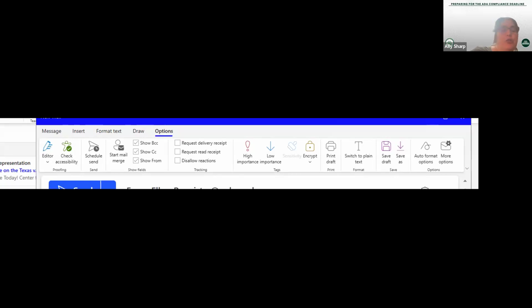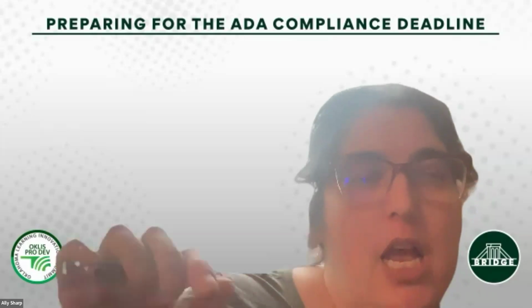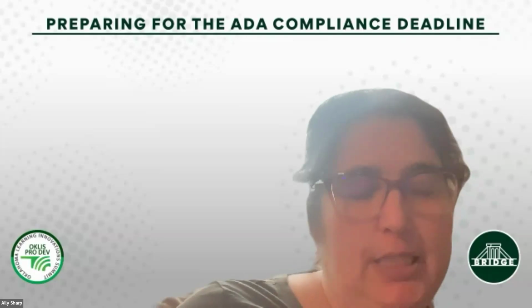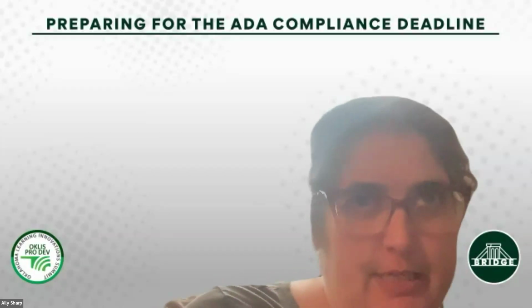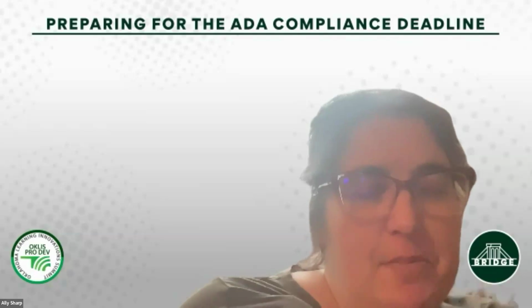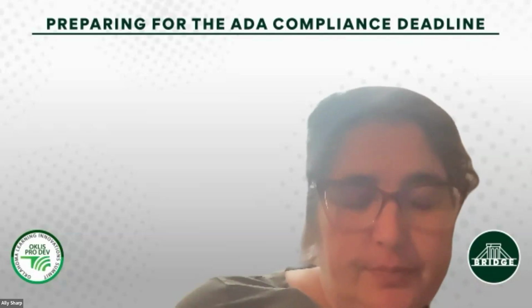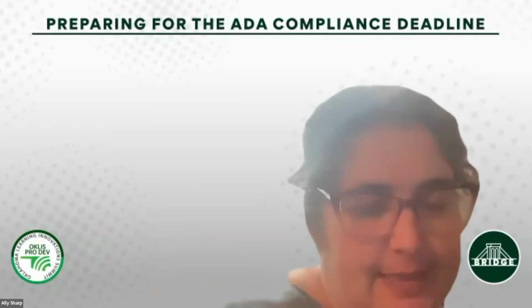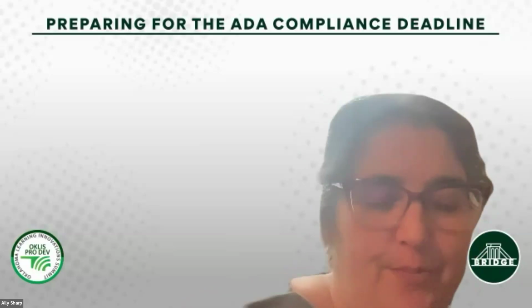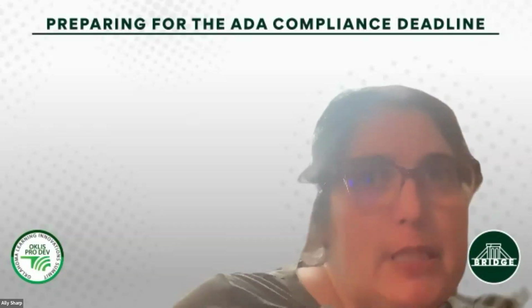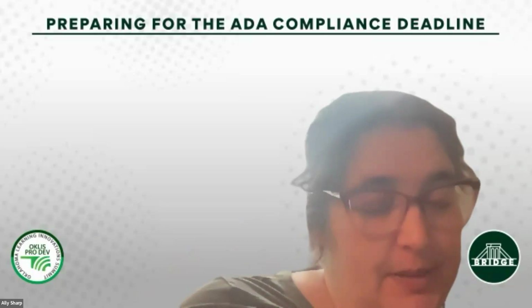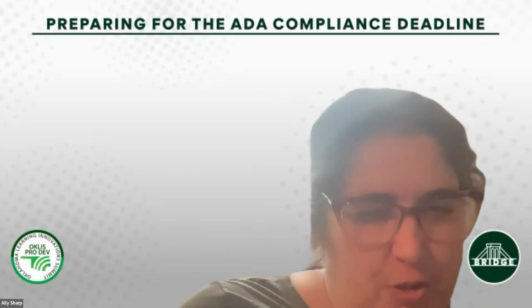And I'm so glad you shared that. And thank you for sharing your screen with us, because I think I didn't really say that, and it's so important to know. Just as I showed with Google that you have to click on the picture to see the tools come up because they're contextual, in Microsoft you won't see the check accessibility until you have something to check. So you won't see check accessibility on someone else's email, but you'll see it on yours because you're writing it.